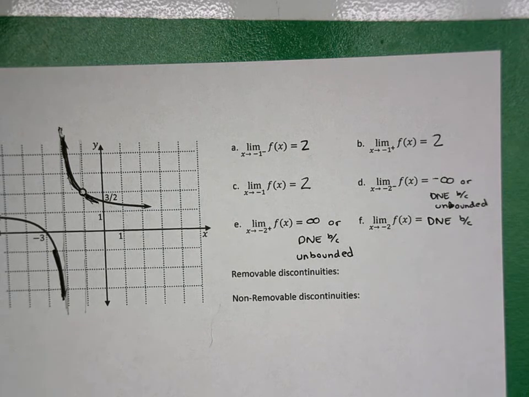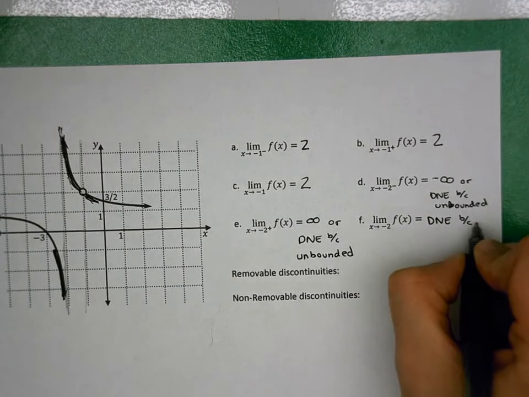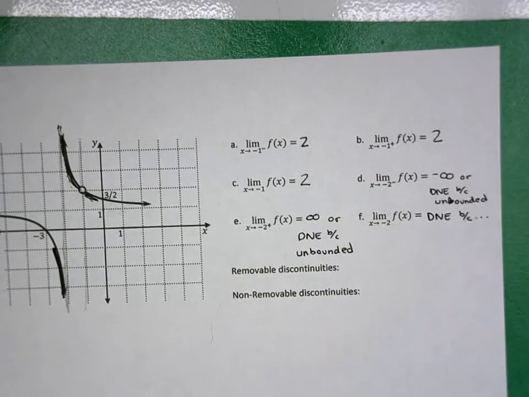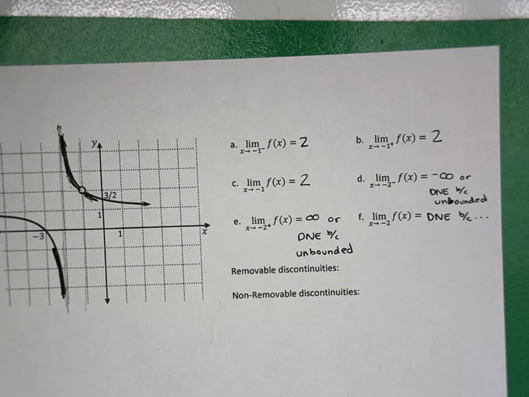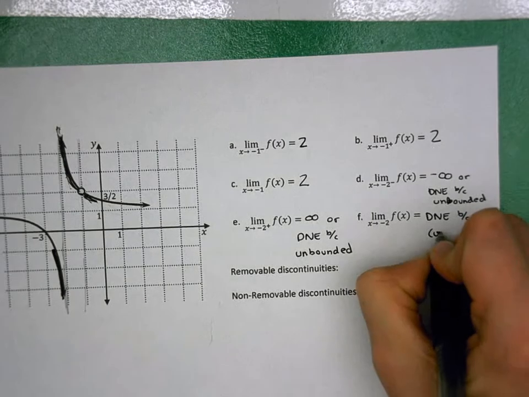The limit as x approaches -2 from the left does not equal the limit as x approaches -2 from the right. So I'm going to put both here because there is more than one potential reason. I, by the way, prefer the unbounded within my own work, so maybe I'll jot that in parentheses.